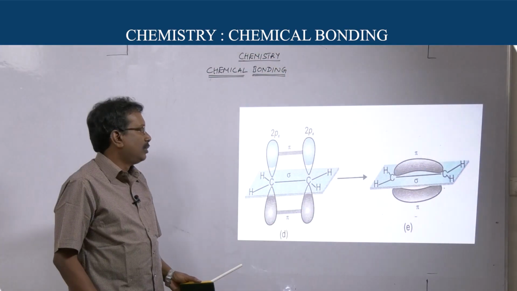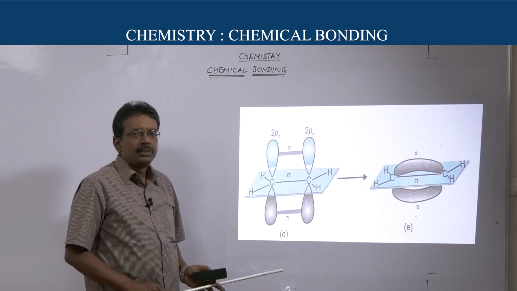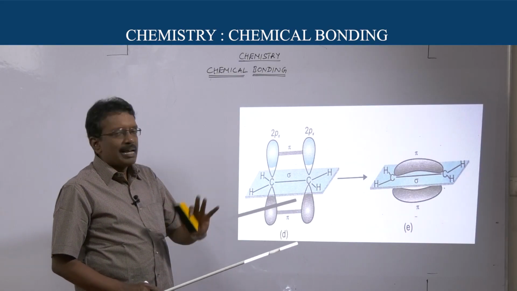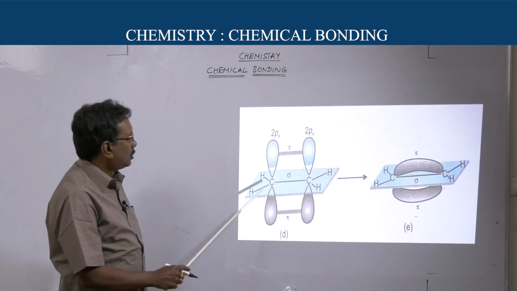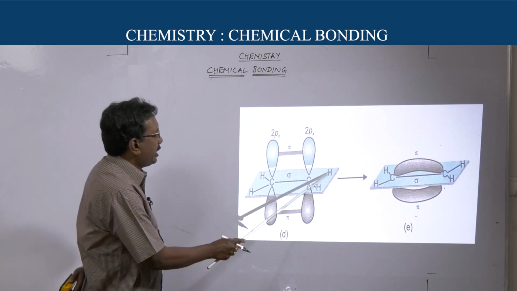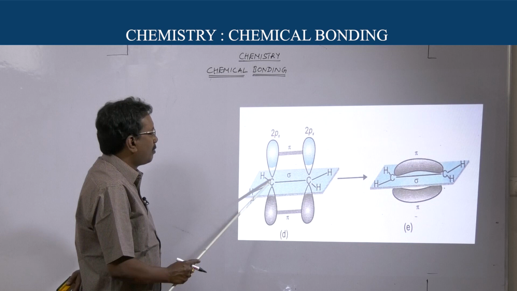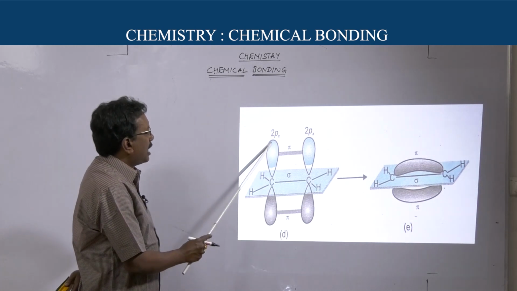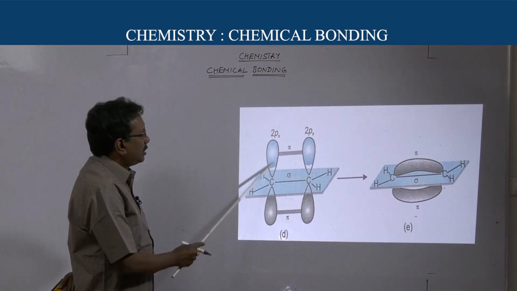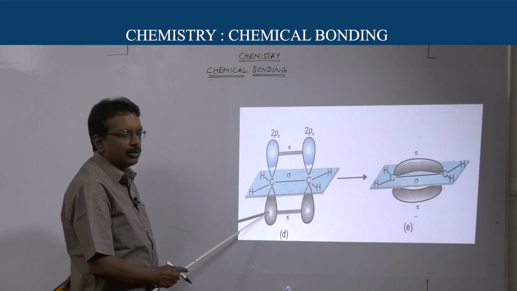Before going to that example, we just concluded that the sigma bonds are formed and the pi bond is present above and below the sigma bond plane. This is planar, this is CH2 and CH2, all present in one plane. In that we have the C-C sigma bond and C-H sigma bonds also. And the p orbital is present above and below the plane. This blue shade is above the plane and this one is below the plane.